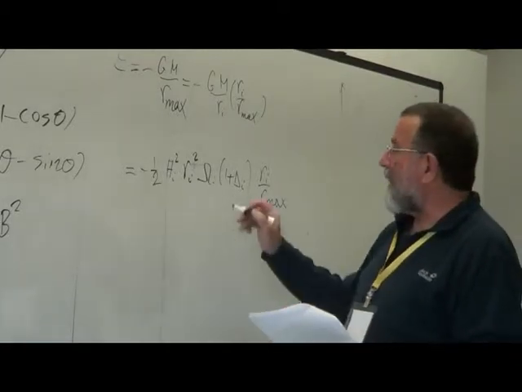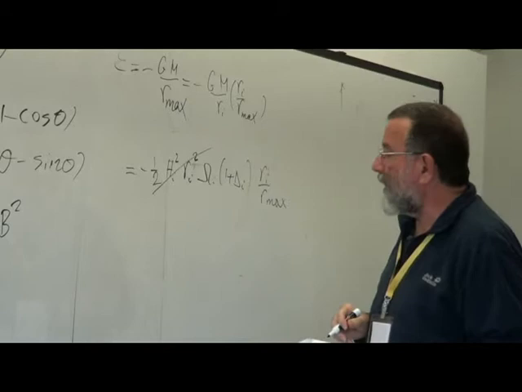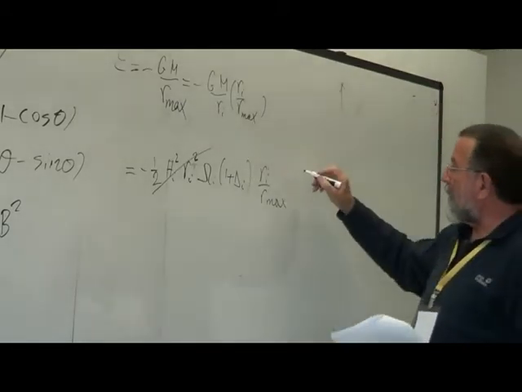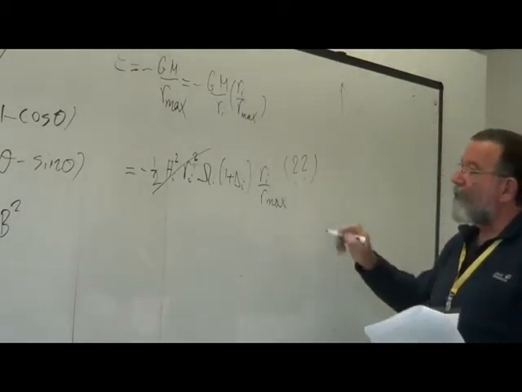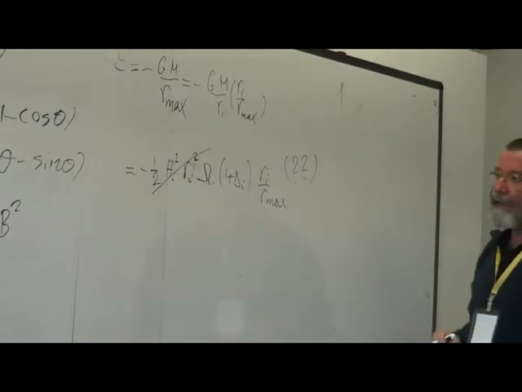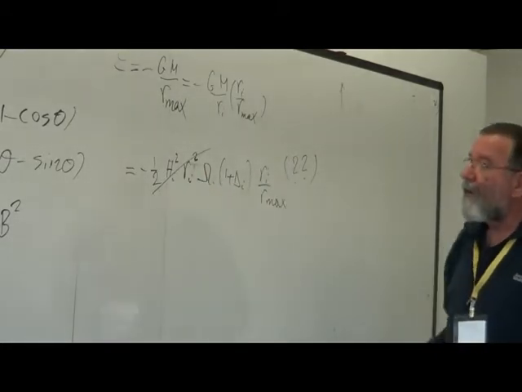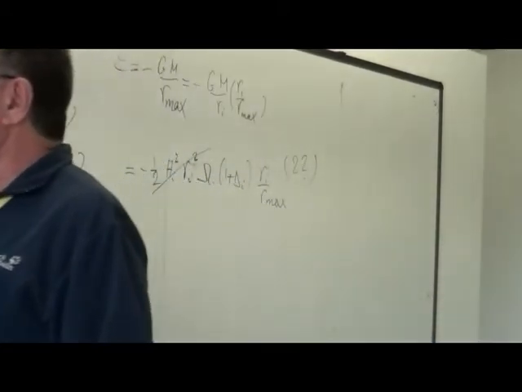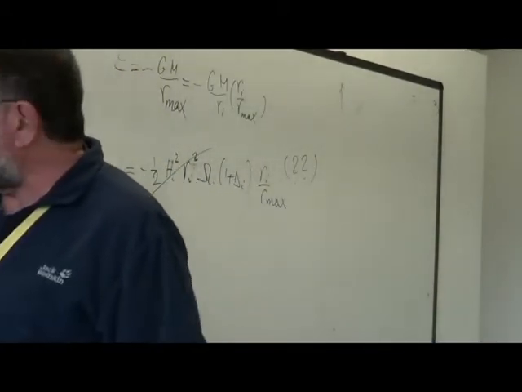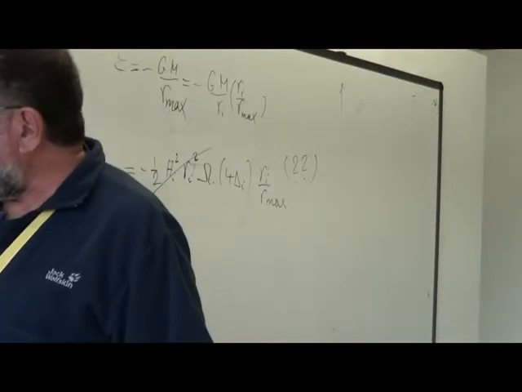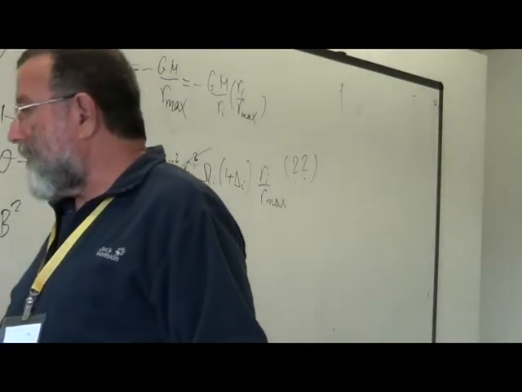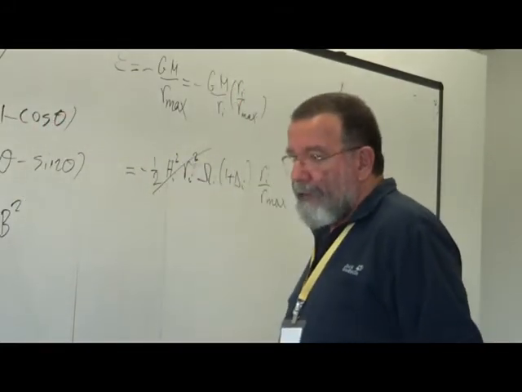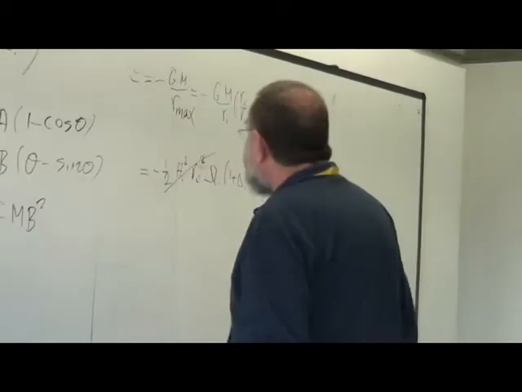I'm working for myself, but I have to cross out this thing here, and I'm leaving it for you to prove later. It comes from substituting the G M over R i that I have here and relating it to the initial density.